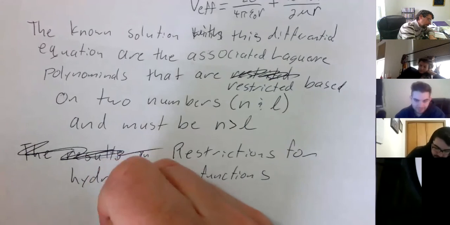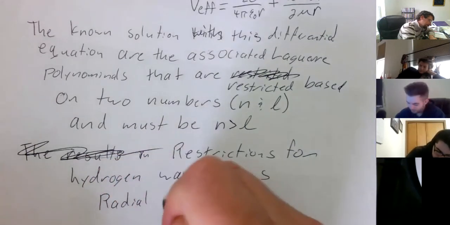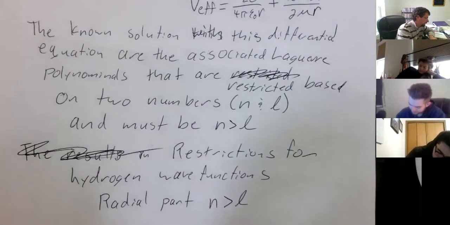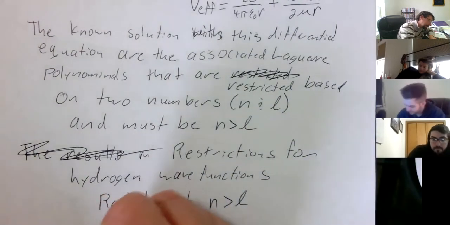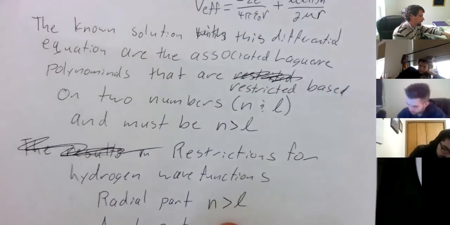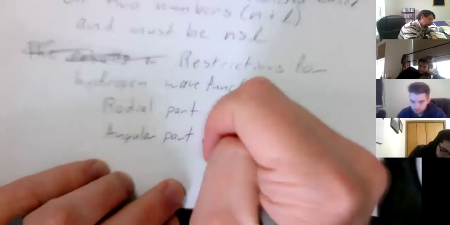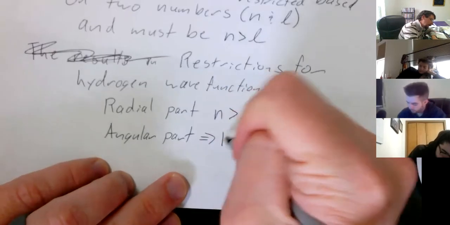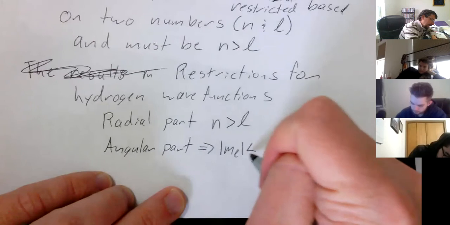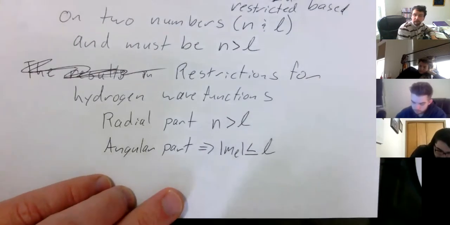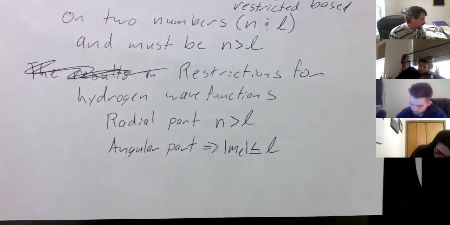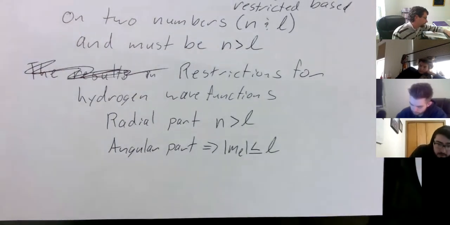We have the radial part, where n must be greater than l, and we have the angular part. And in that angular part, the absolute value of m_l must be less than or equal to l. So those are the things that we found so far.